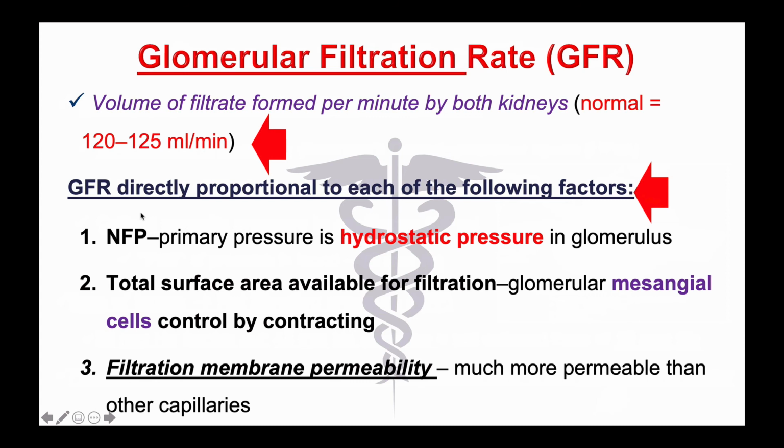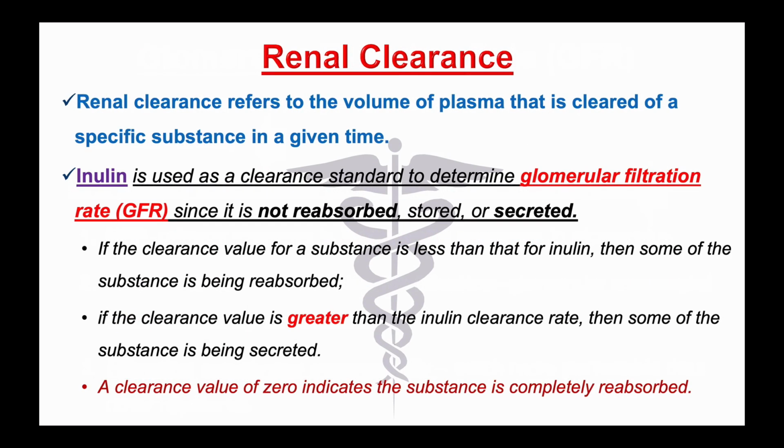Glomerular filtration rate is directly proportional to each of the following: NFP, the net filtration pressure, whose primary component is hydrostatic pressure in the glomerulus; the total surface area available for filtration, controlled by glomerular mesangial cells through contraction; and filtration membrane permeability, which is much more permeable than other capillaries. So these are all the factors playing a role in glomerular filtration rate.